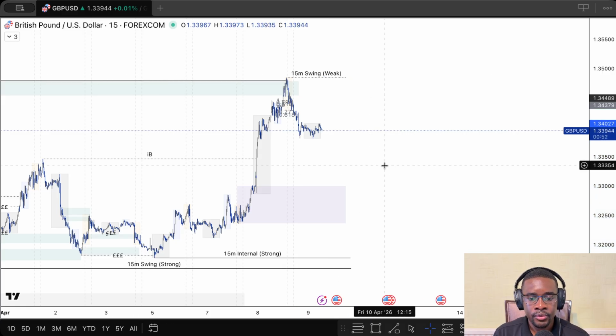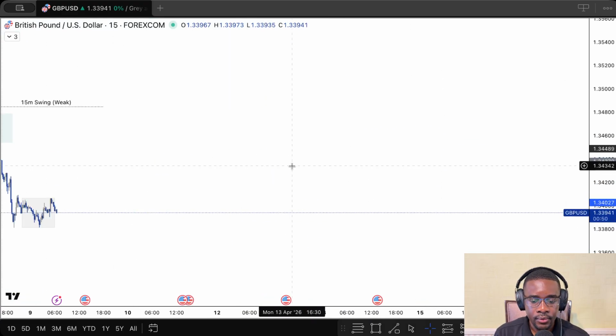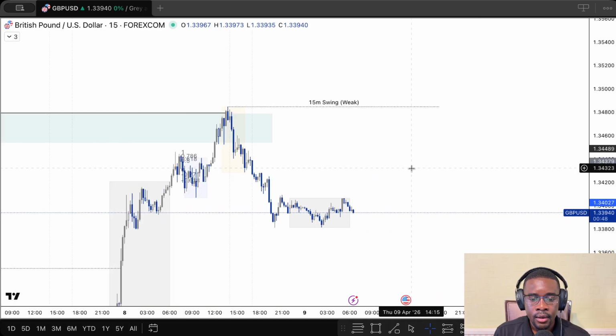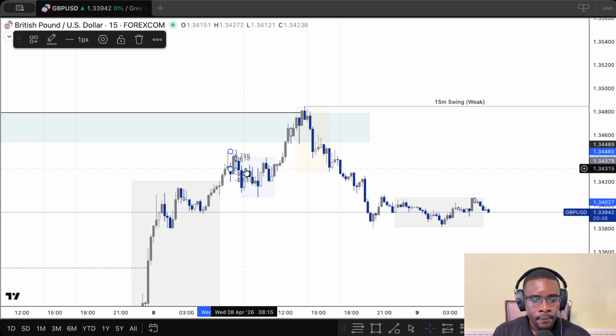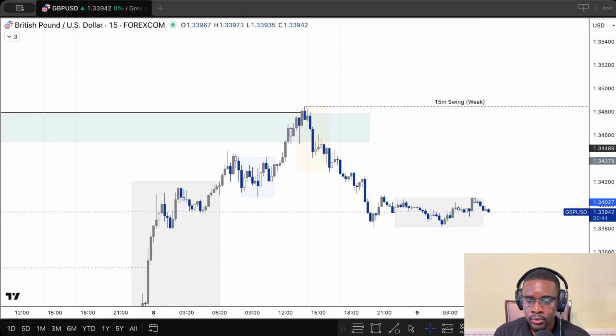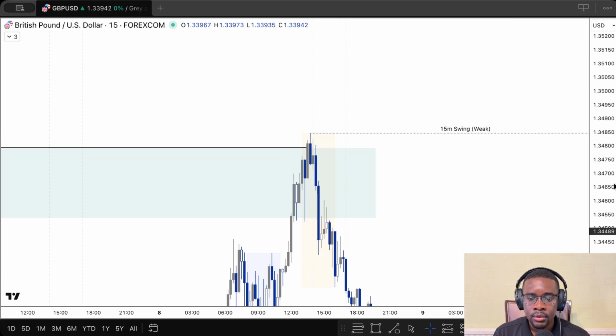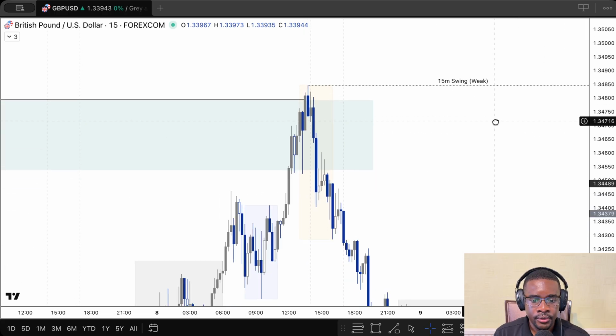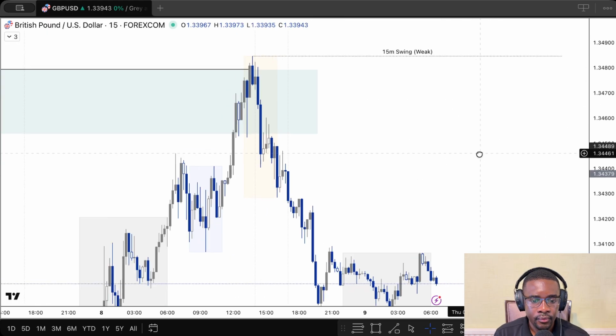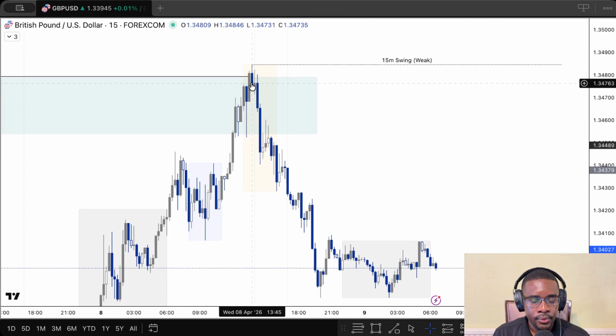And then we've broken structure. Okay, I don't want to take too much time. Okay, so we have that. All right, so we broke structure. We broke structure, or we could call it a sweep.